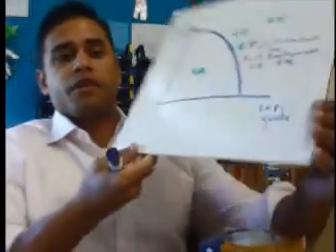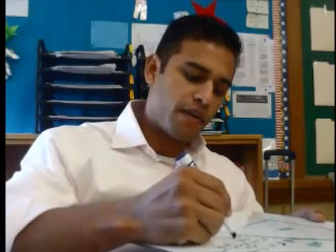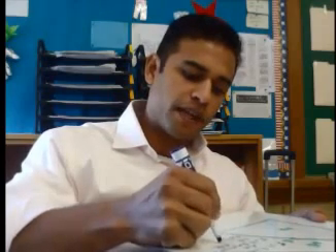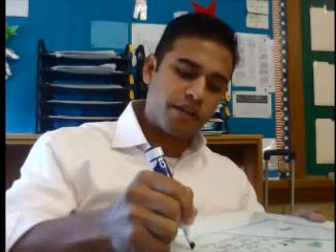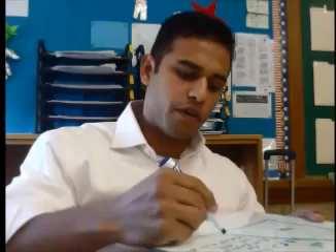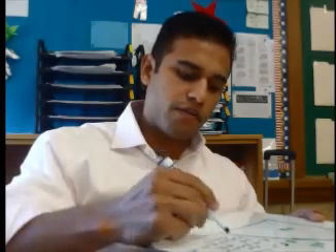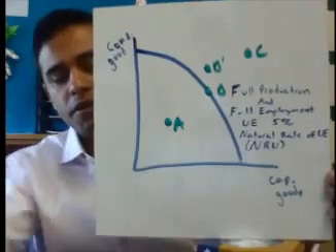I want to give you another term that we can talk about. If at 5% unemployment, we have full employment, then we would call 5% unemployment the natural rate of unemployment, or the NRU. So we're learning some new terms today that you need to make sure end up in your notes.